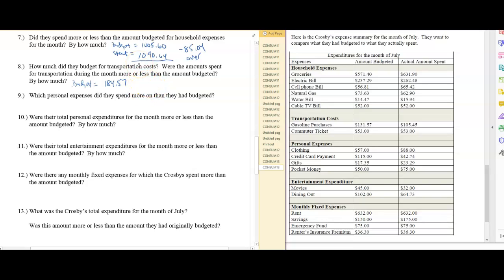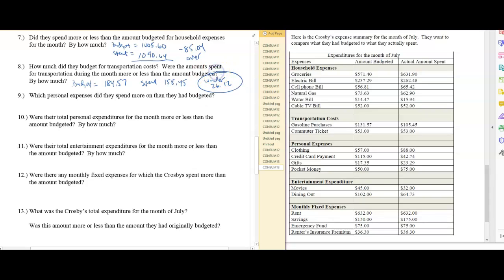When I add the amounts I spent, $158.45, right? So you are basically under budget. And if I go ahead and subtract, you are under budget by $26.12.